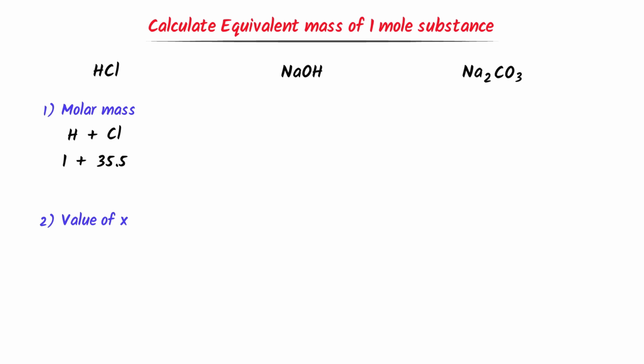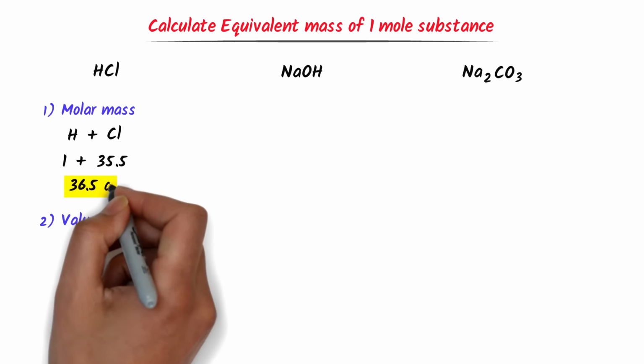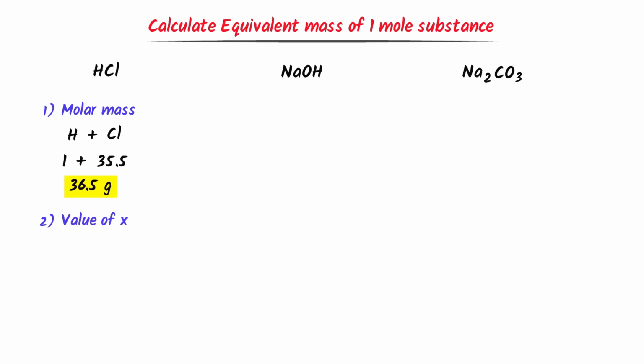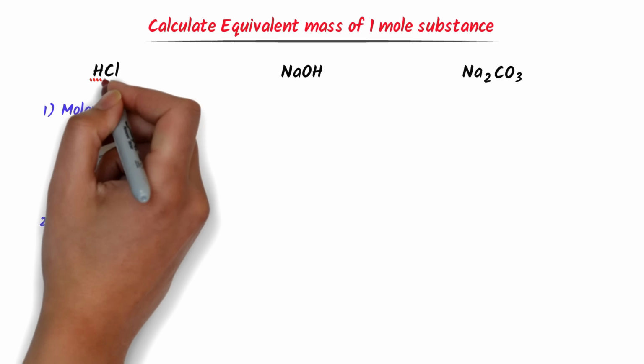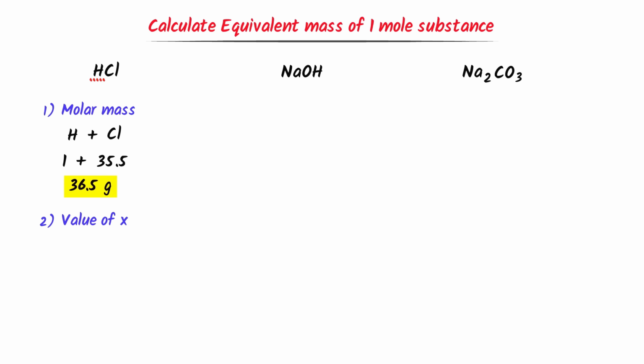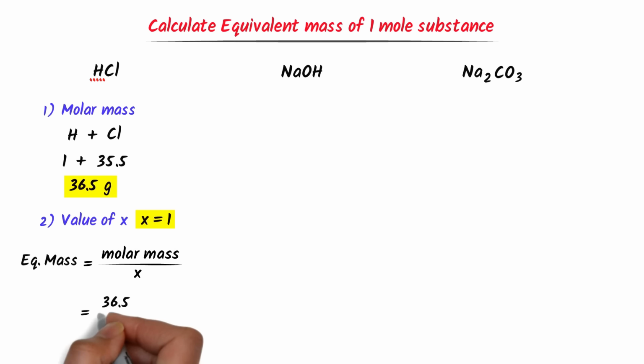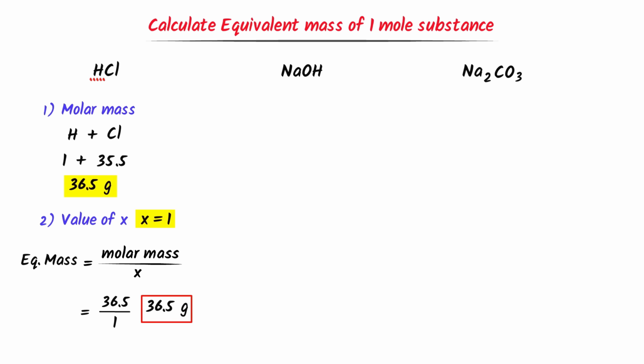So the molar mass of HCl is 36.6 gram. Secondly, we know that there is only 1 hydrogen in HCl. So the value of X is 1. Now equivalent mass is equal to molar mass upon X, or 36.6 upon 1. I get 36.6 gram equivalent.